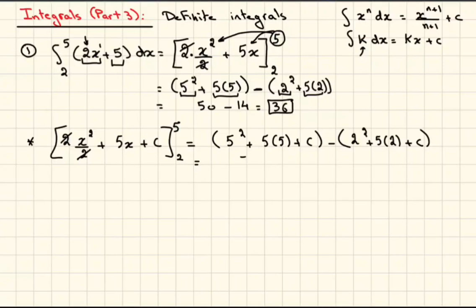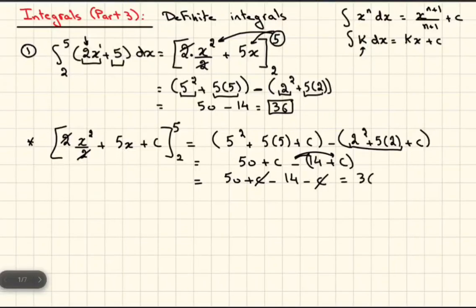Now when you do it, you're gonna get 50 plus c for the first, minus, and for these two you get 14 plus c in parentheses. Distribute the minus now, and you will get 50 plus c minus 14 minus c. Now as you can notice, the c and the minus c will cancel out, and we get the same answer, which is 36.